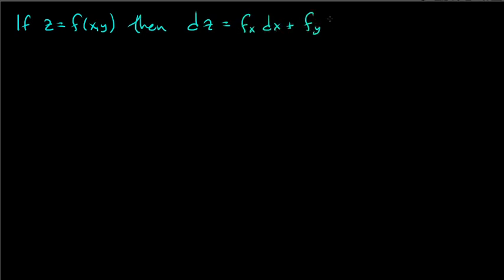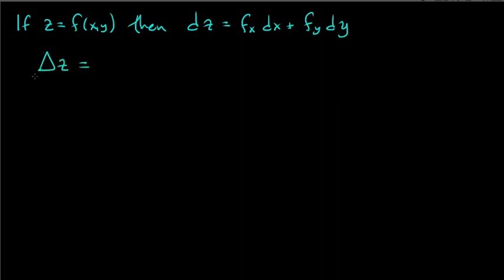So I think the next thing we should talk about before we do some more examples is, remember, when you have z as a function of x and y, we know what dz is. But then what is delta z?